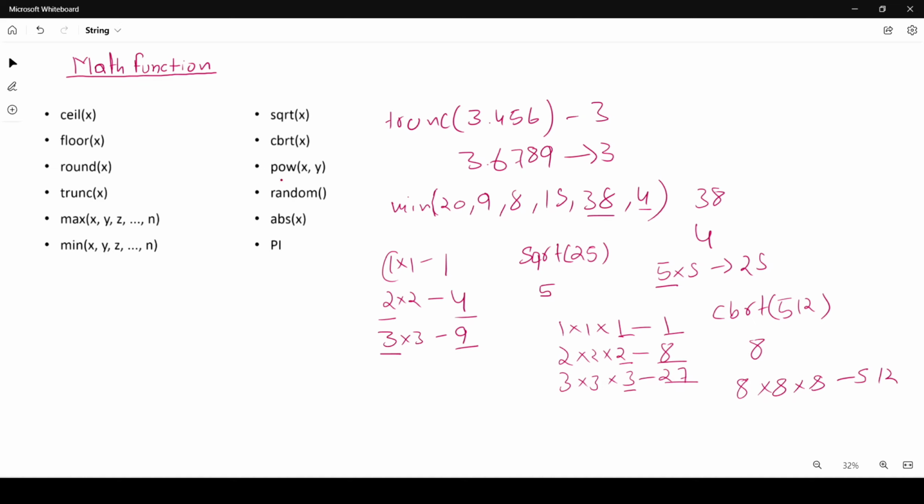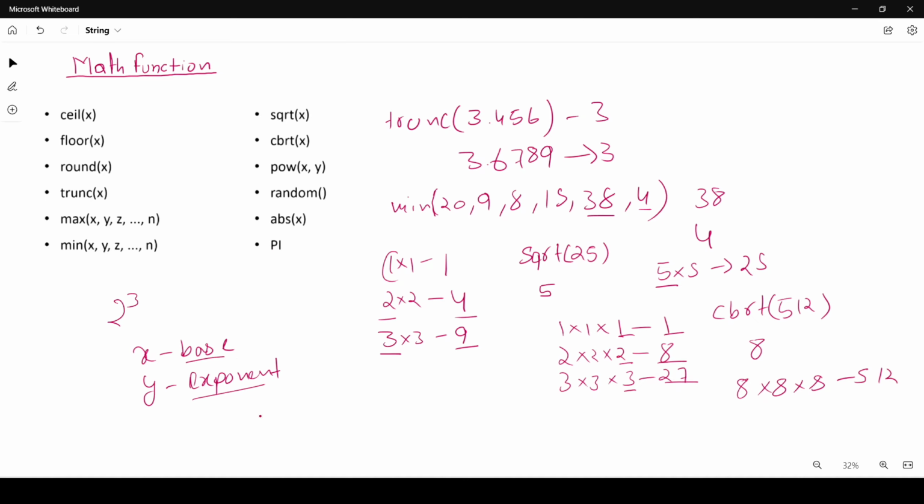And after that we have the power function. Now the power function is nothing but when you provide something like 2 power 3, or we can say that x is the base and y is the exponent. It is a math function, so you need to know some basic characteristics. This is the base, this is the exponent.